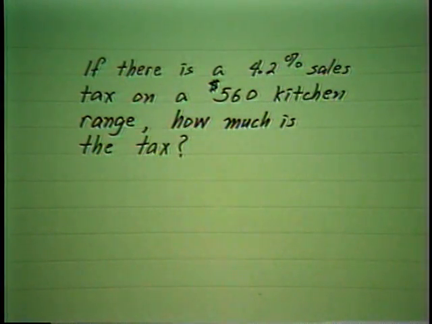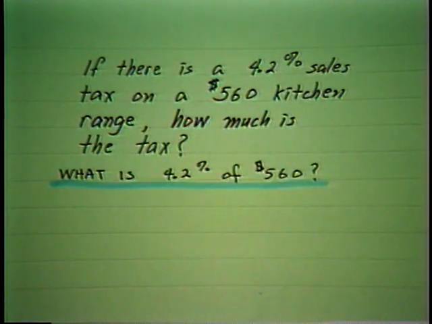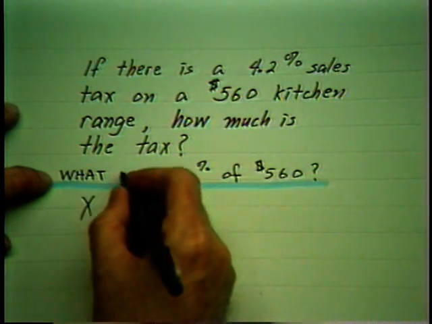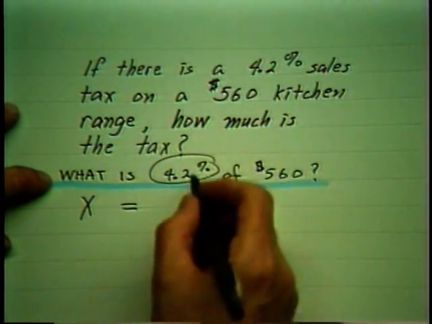Let's try another one. If there is a 4.2% sales tax on a $560 kitchen range, how much is the tax? Now, can you restate that problem as a simpler statement? How about this? Isn't that what they really want to know? What is 4.2% of $560? Now translate. What is my unknown? Is equal. 4.2%.